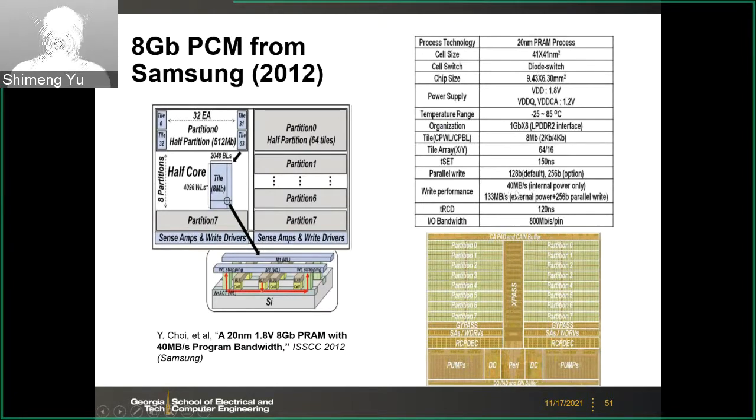So this is comparable with NAND flash. The read cycle time is about 120 nanoseconds, and the I/O bandwidth is 800 megabits per second per pin. So it's actually quite competitive at that time. Of course, this is not so impressive today, but imagine 10 years ago, this was quite competitive with NAND flash at that time.